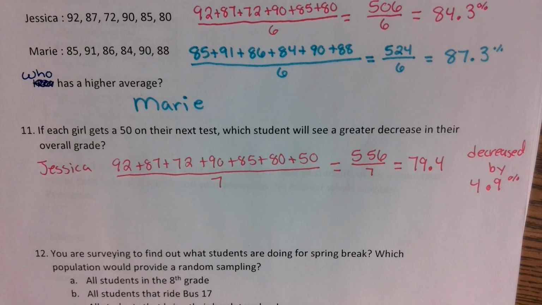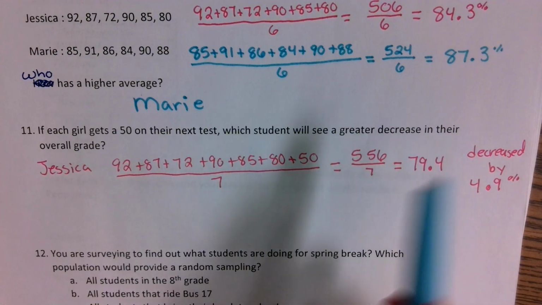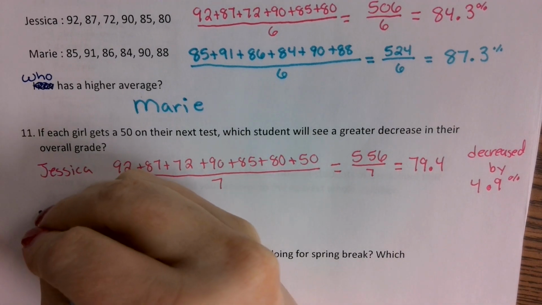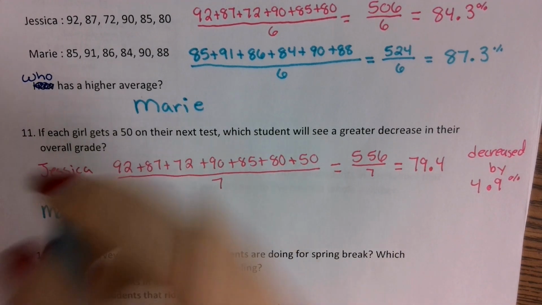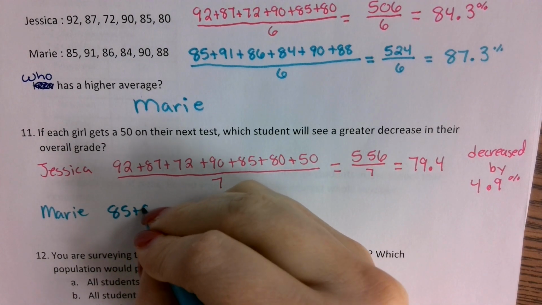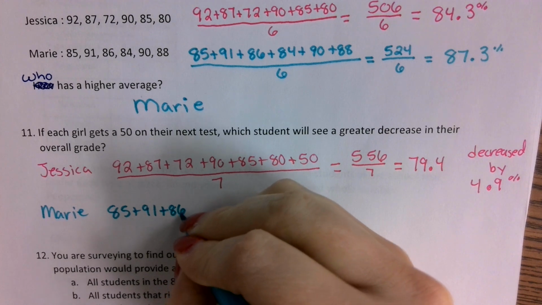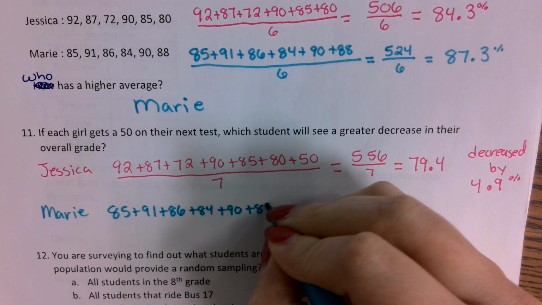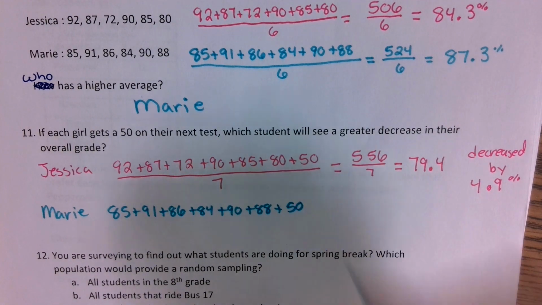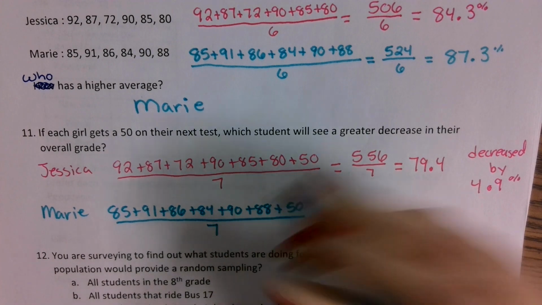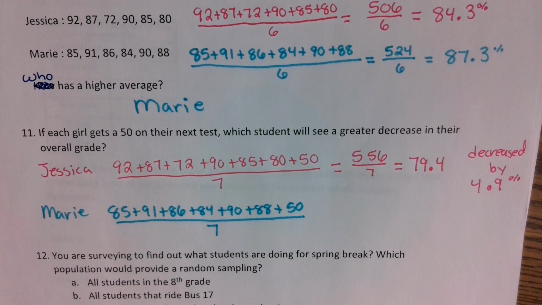Remember, we're wanting to see who has a greater decrease. I don't care about what their score was. I want to know whose score went down the most. So now we're going to look at Marie. Again, for Marie, her original scores were 85, 91, 86, 84, 90, 88, and now she's also got a 50. So we're going to add all that together and then divide that value by 7.